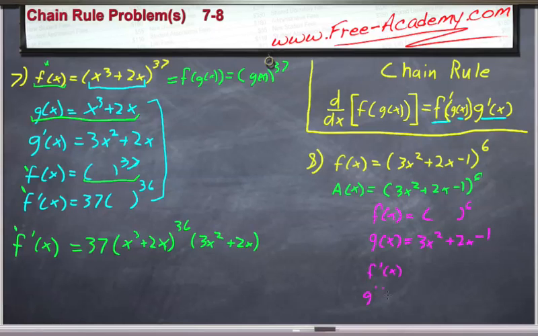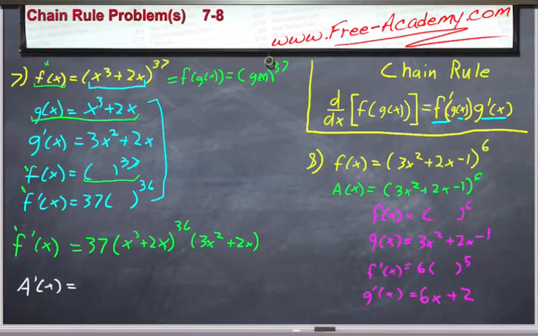and g prime of x, and then we can put everything into our chain rule formula and get an answer out. So using the power rule on f of x here, we get 6 times our parentheses raised to the 5th, and taking the derivative of g of x, we're going to get 6x plus 2. With these different values, let's plug everything into our formula to get the derivative of a prime of x.